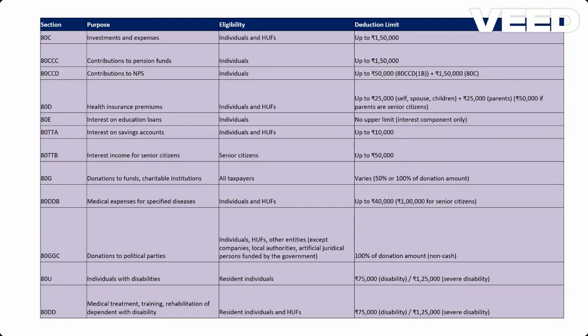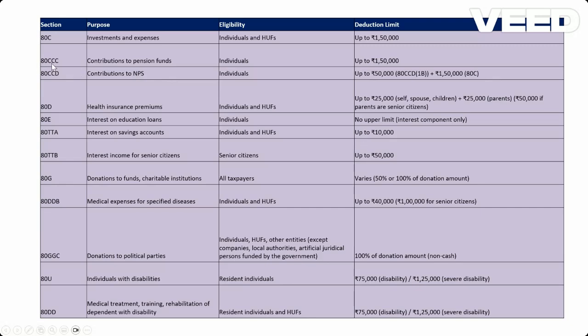If you are investing in those kinds of funds, that is a very good section where you can show all your investments or deductions. The deduction limit is 1,50,000. Up to this value you can save, and you can show it in income tax when you are filing.